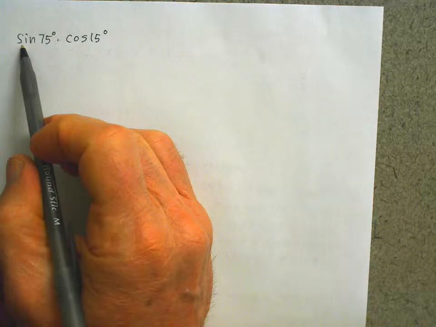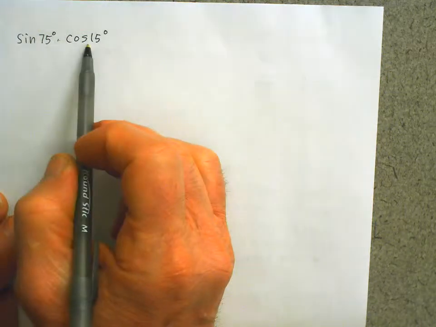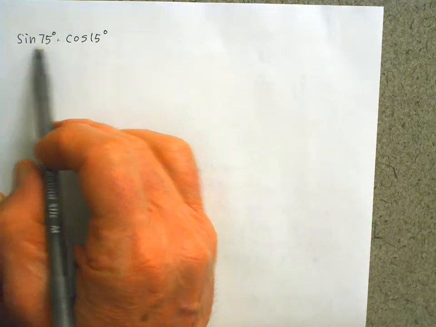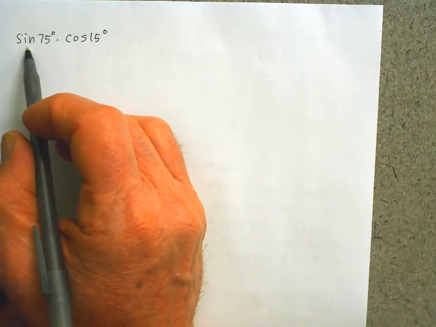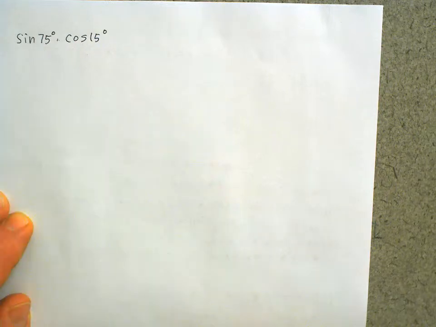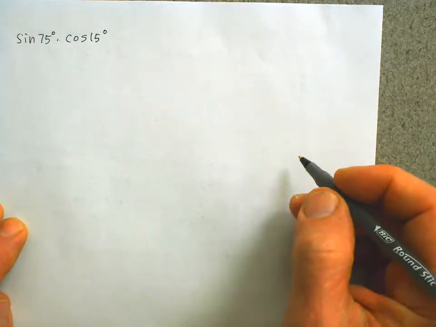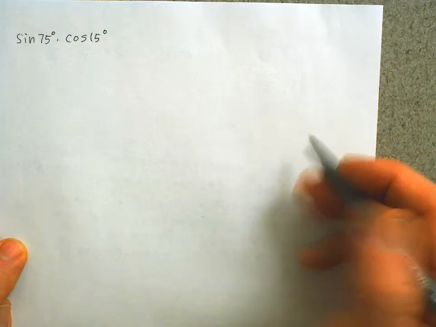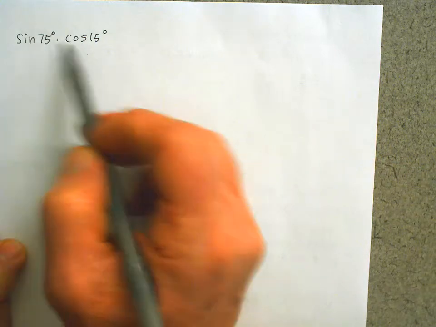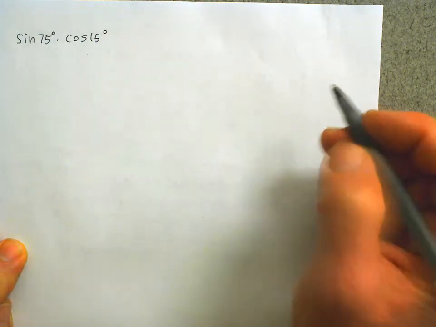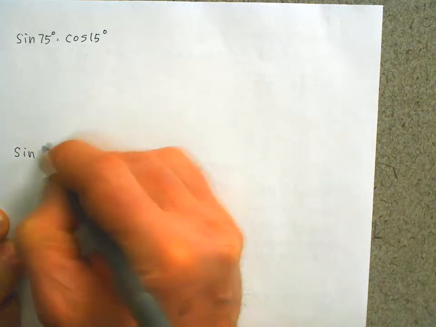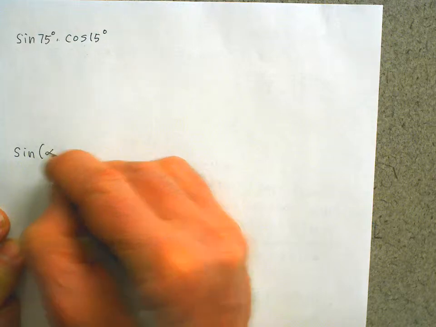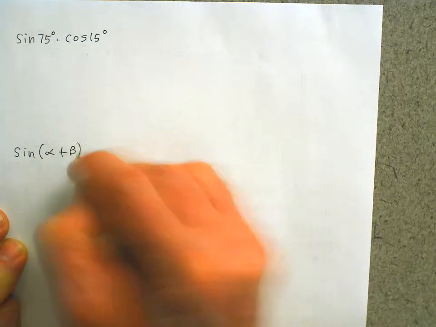Well, remember the identities that we used to derive the product to sum formulas. So if you have a sine of an angle multiplied by cosine of another angle, perhaps it involves sine of, say, alpha plus beta.